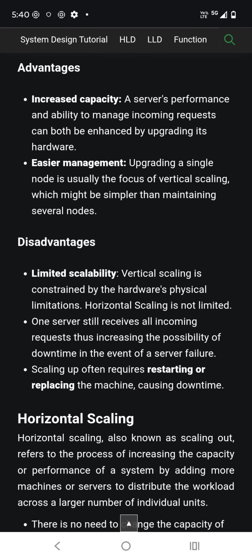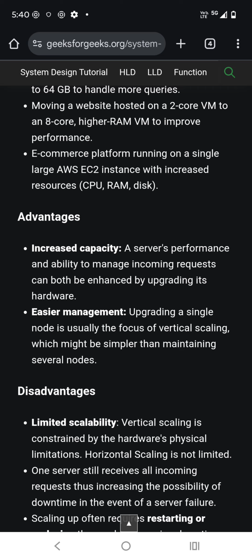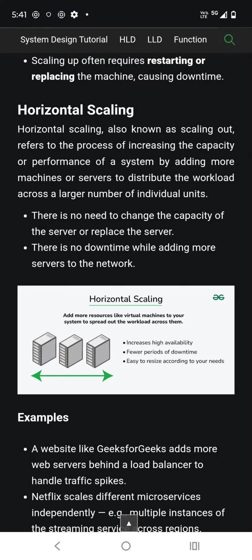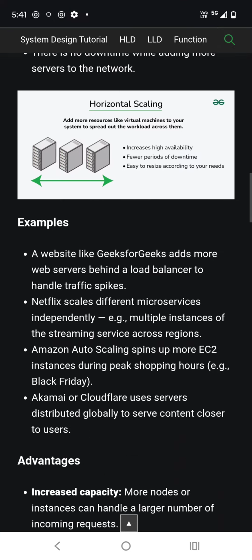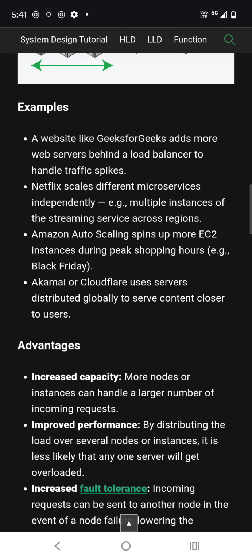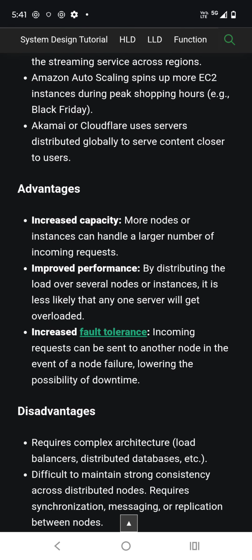But here is the problem. We can do vertical scaling, but it is costly, right? And it's a time-consuming process. It is not very dynamic in nature. Horizontal scaling is where you just add another server instead of increasing the CPU or other parts. Always remember, this is horizontal scaling.